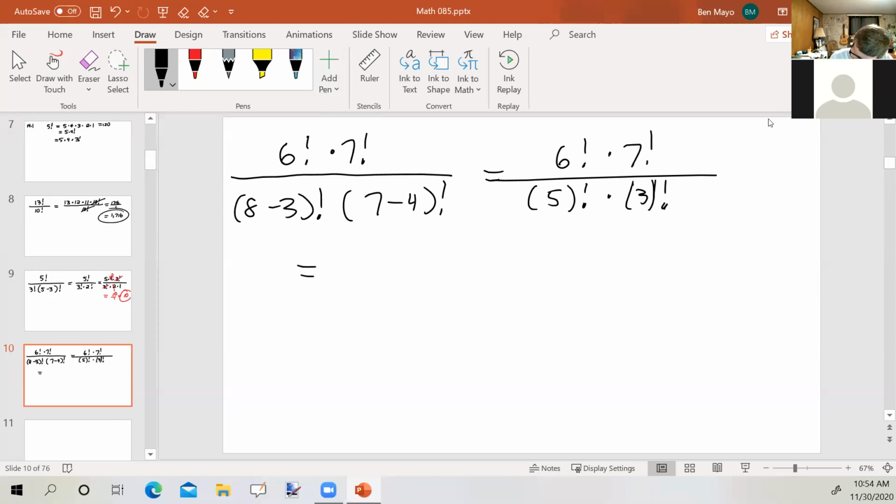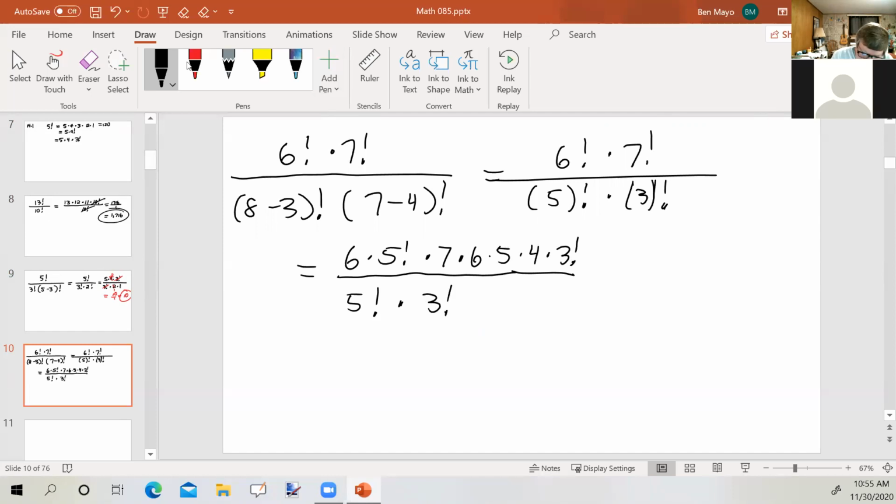So I could take the 5 factorial out of either the 6 factorial or the 7 factorial. I'm going to take 6 factorial and write it as 6 times 5 factorial. 7 factorial, I'm going to take the 3 factorial out of that. So 7 times 6 times 5 times 4 times 3 factorial. So what I did here is I took 6 factorial and broke it down so that I could get rid of that.